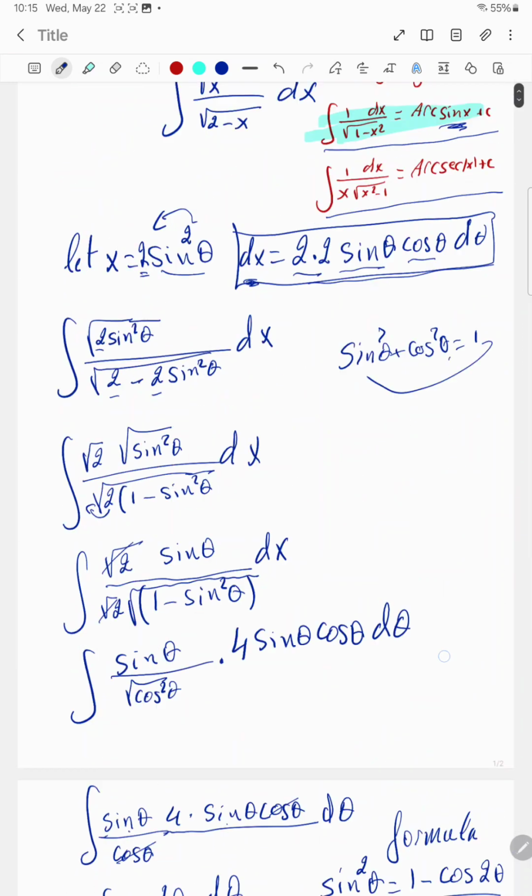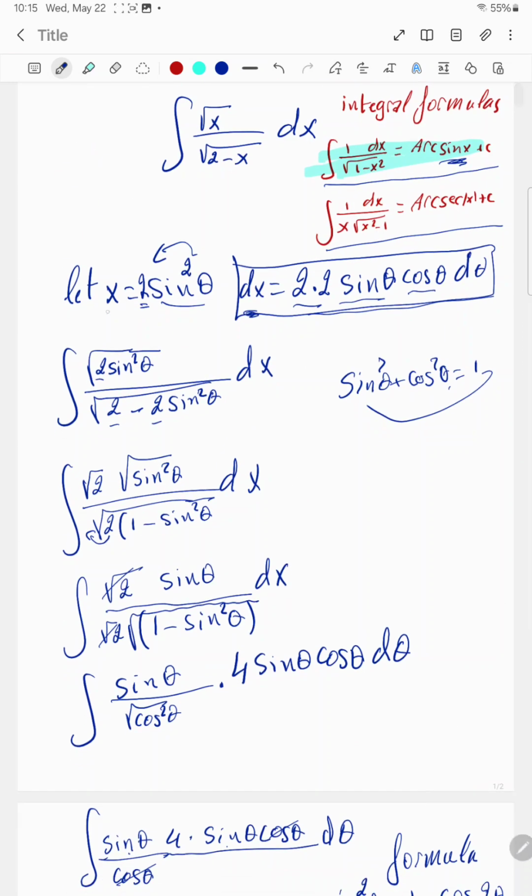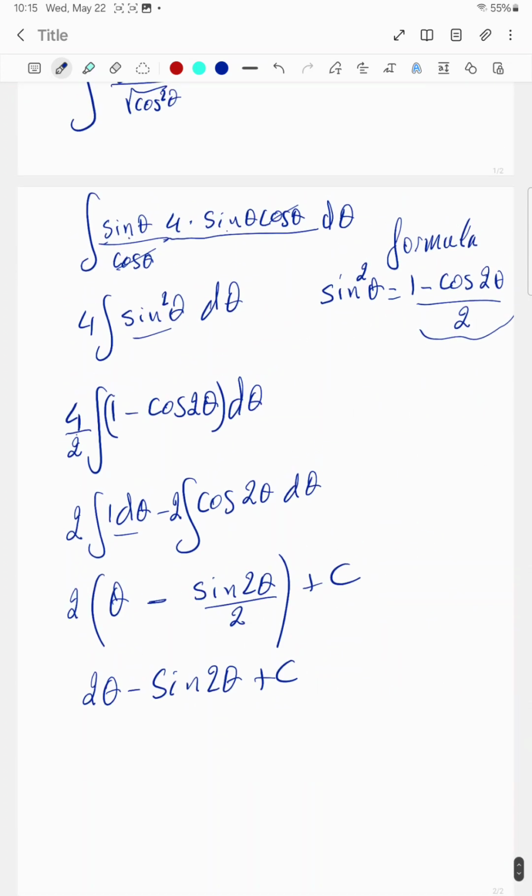Now let's put back theta to its value. We took x equal to 2 sine squared of theta. So square root of x equals square root of 2 times sine theta, because the square root of sine squared is sine.